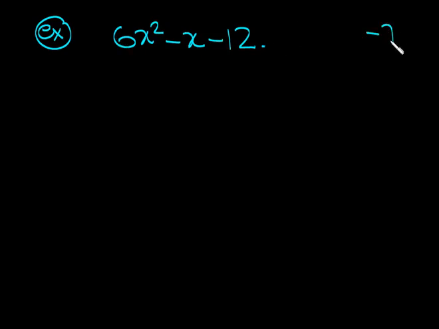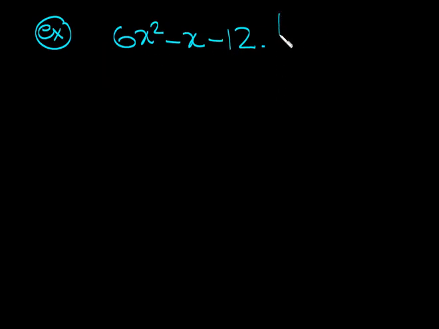So let's check it. Let's say if I gave you something like 6x squared minus x minus 12. Now 6 times negative 12 is negative 72, and that's a fairly big number, not a very big one, but you can try to figure out the factors for this and try to use the AC method to do this. There's nothing in common, so we do want to do the AC method.